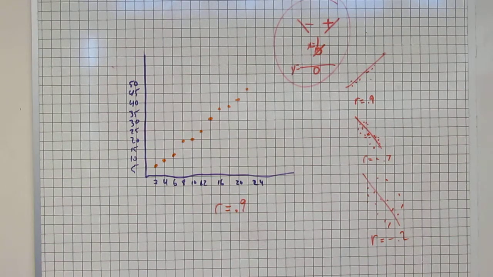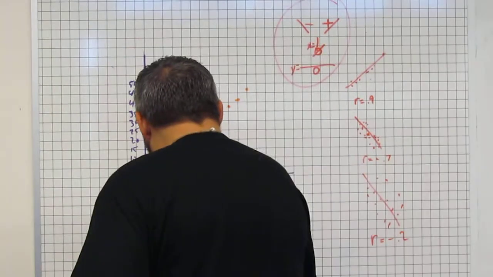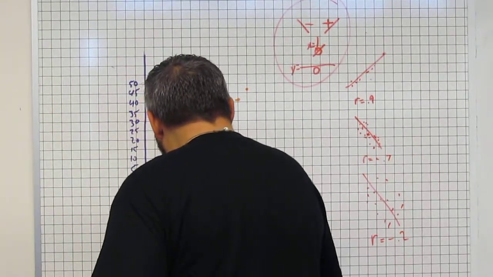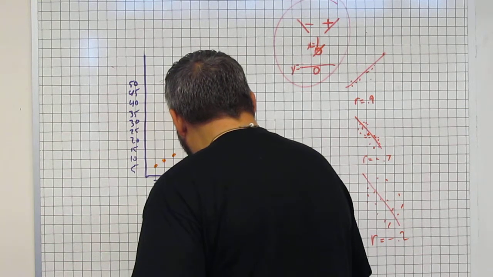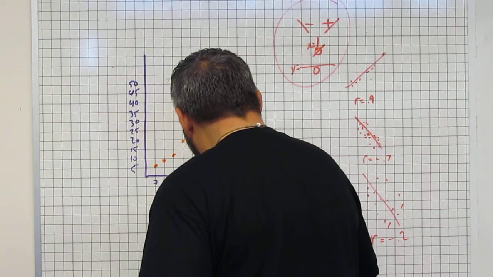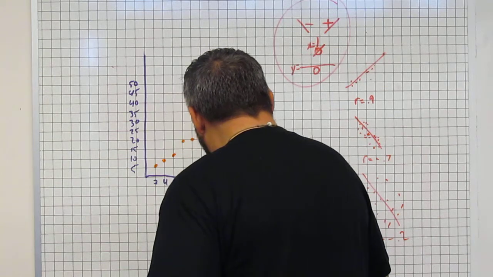So between 0.3 and 0.6, we're talking weak. Between 0.7 and 0.9, we're talking strong. Between 0.2 and 0, we're talking almost nothing. Does that make sense? So this would be a strong positive correlation.